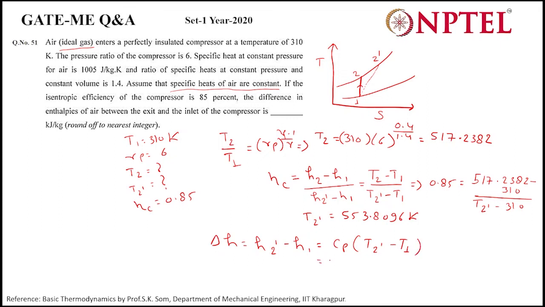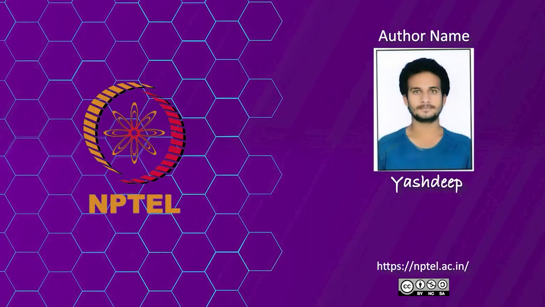Cp is 1.005 kilojoule per kg Kelvin and T2 dash is 553.8096 minus 310, and when we calculate it, it will become 245.0287 kilojoule per kg. Thank you.